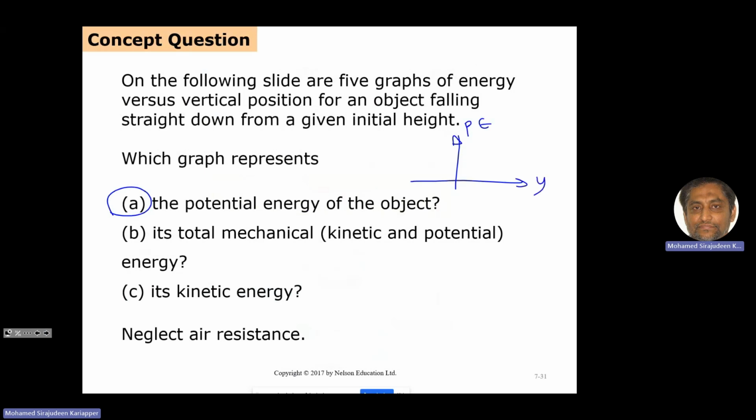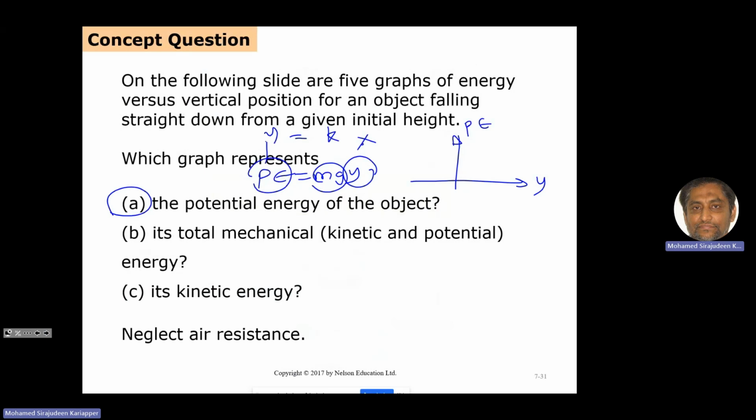You know there is an equation for the potential energy function: mgy. So potential energy is the vertical axis, and the y coordinate is the horizontal axis. It's a linear equation, y equals a constant times x.